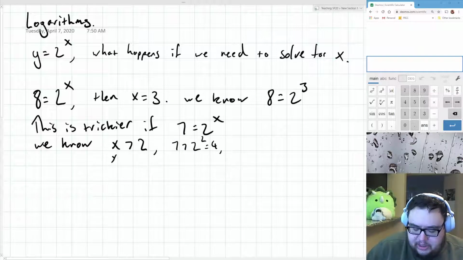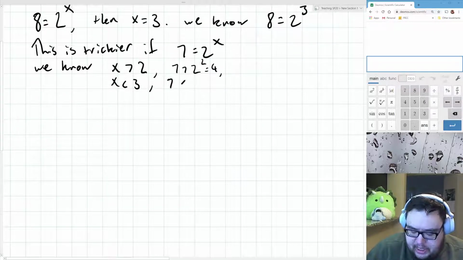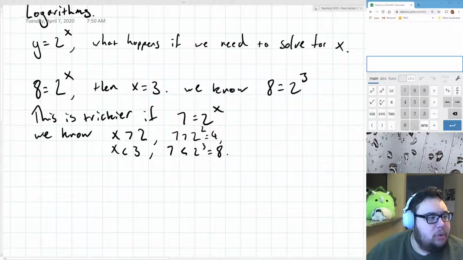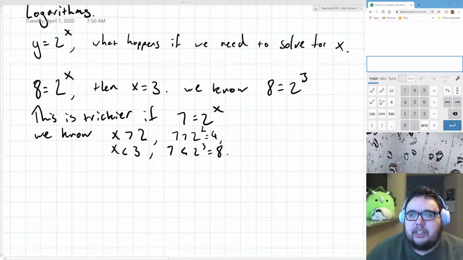And we know x will be less than 3 because 7 is less than 2 cubed, which is 8. But we don't know much about anything in between that. How do we estimate that? Well, we could do a bunch of guessing and checking, but that seems really difficult.